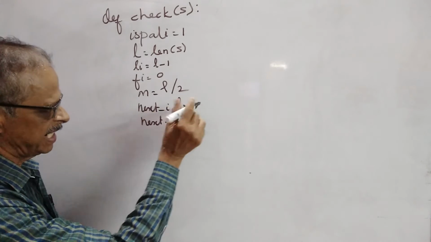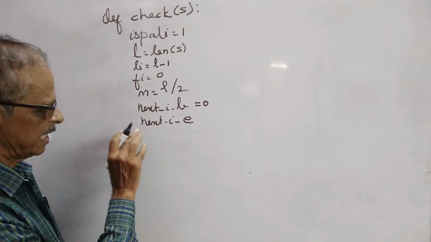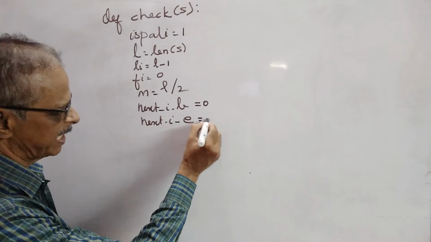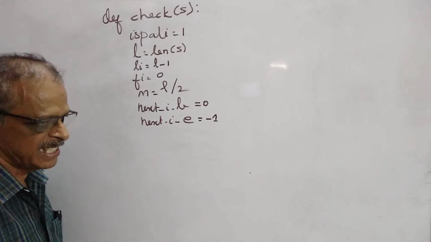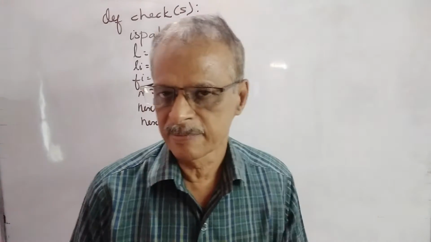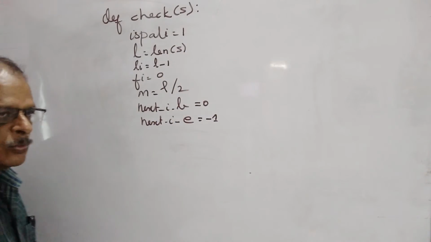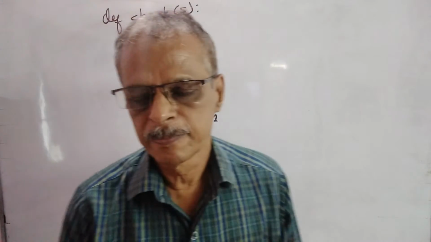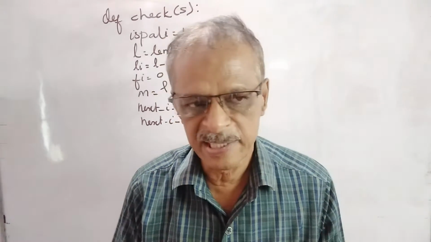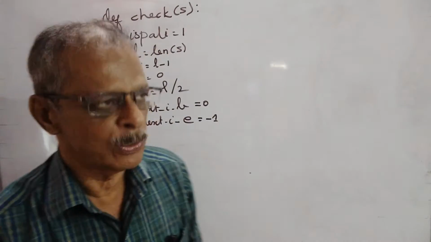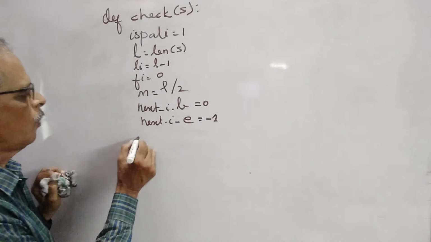Next index from the beginning is initially equal to 0. Next index from the end equals minus 1. Minus 1 is the index of the last character. Here we are going to construct a loop, since we are going to repeat the checking of characters more than once.